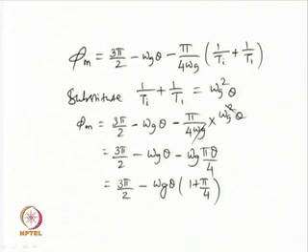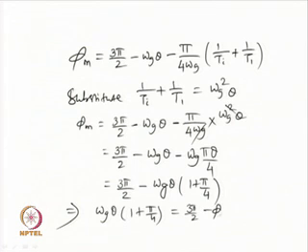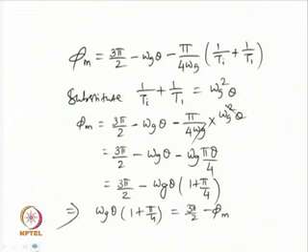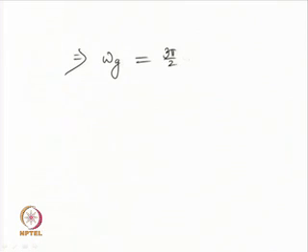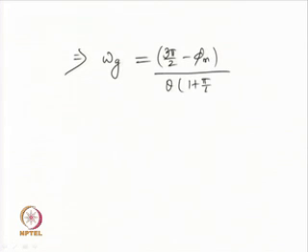Thus, omega g theta times 1 plus pi by 4 is equal to 3 pi by 2 minus phi m, which implies omega g is equal to 3 pi by 2 minus phi m divided by theta times 1 plus pi by 4.